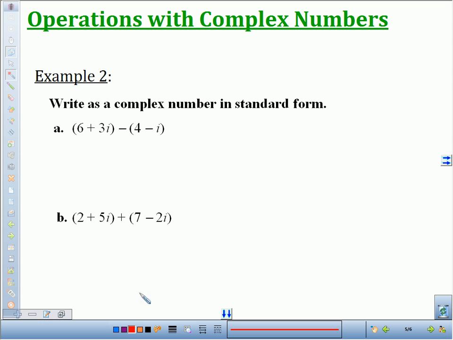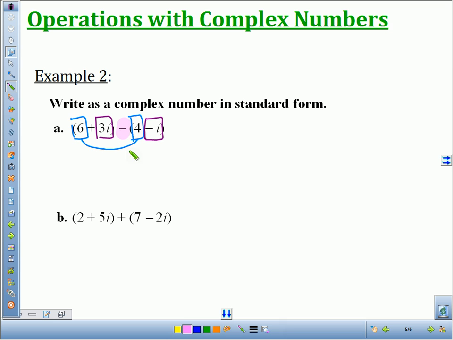So here's what we do. We look at our numbers and we say, okay, I have this real part 6, this real part 4. I have this imaginary part 3i, and this imaginary part, negative i. Now I have to combine the 6 and the 4. What I'm actually doing is subtracting. You'll notice that's a subtraction symbol.